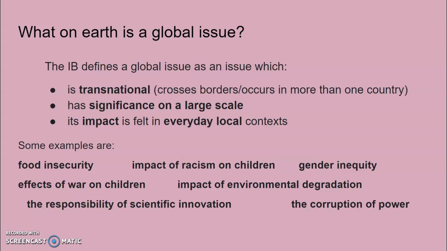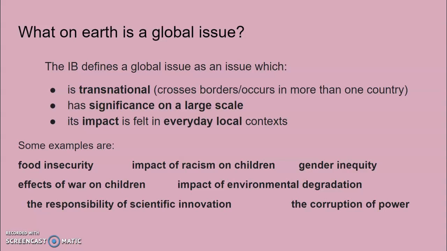Or the impact of racism on children is also a global issue, though obviously it could be the impact of racism on adults. Gender inequity, the effects of war on children, or maybe even the effects of war on women, or the effects of war on family. There's all kinds of ways that you can word your global issue.